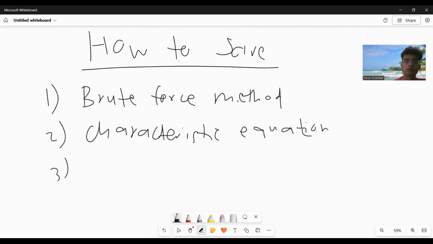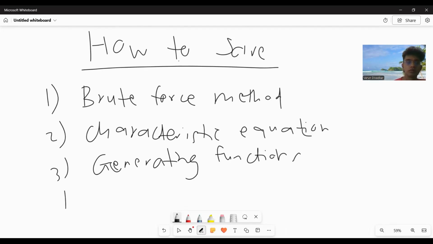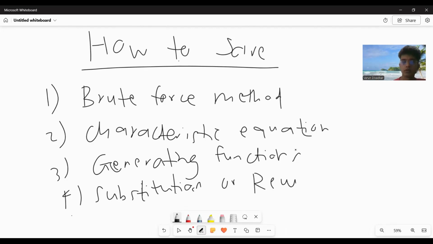The third one is called the generating functions method. Fourth one is called substitution or recursion trees.